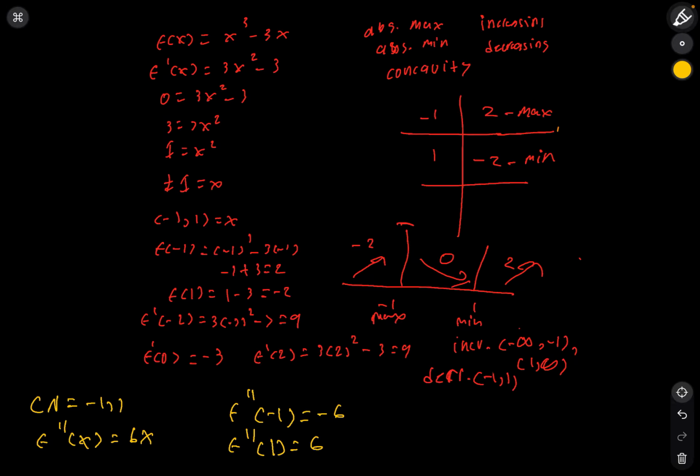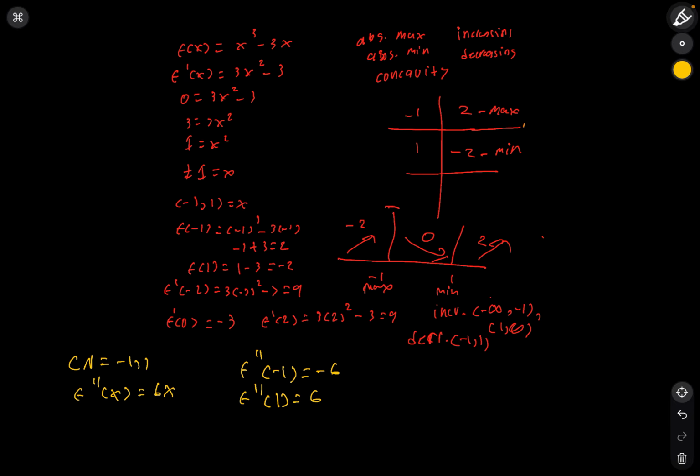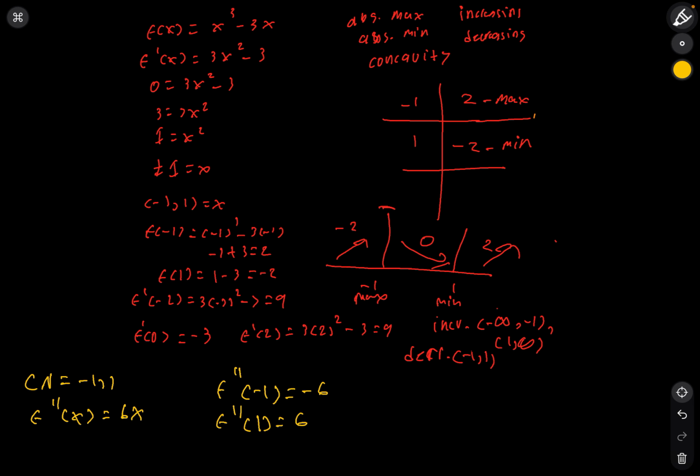Now you might be wondering, well, I have no idea what this means. Well, if you recall, the values at which f'' would be negative would be concave down, and the values at which f'' would be positive would be concave up.